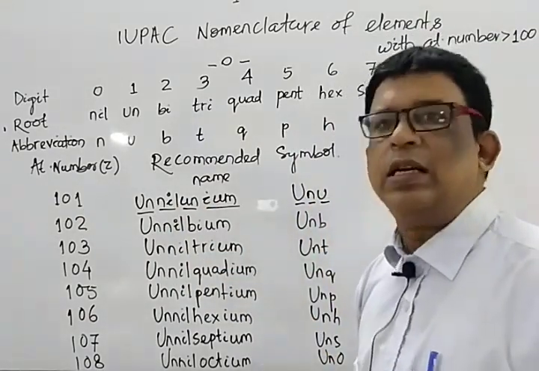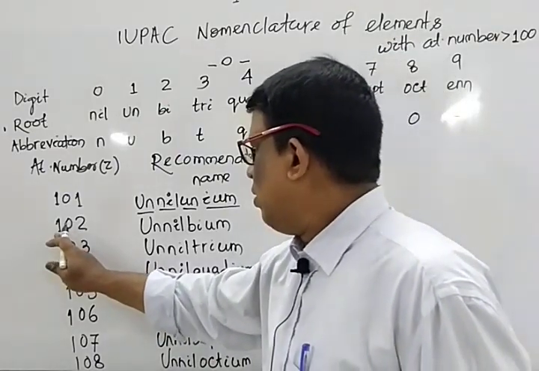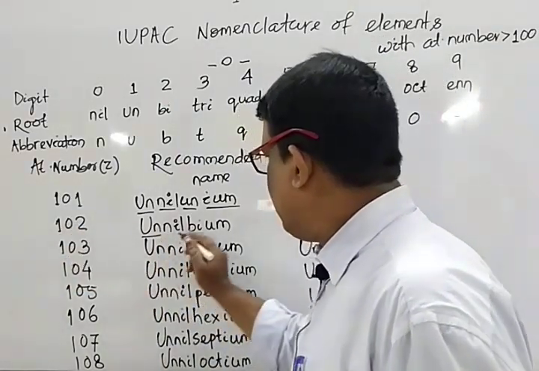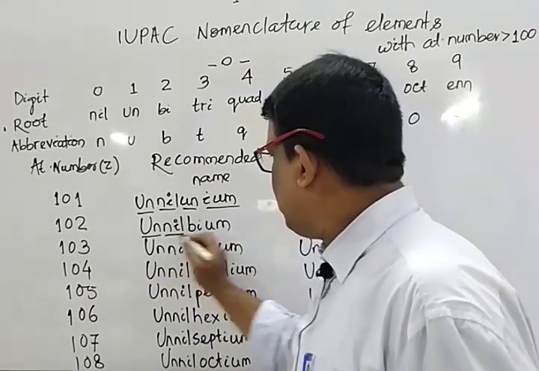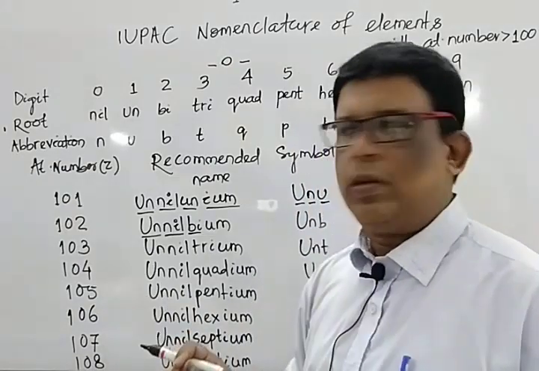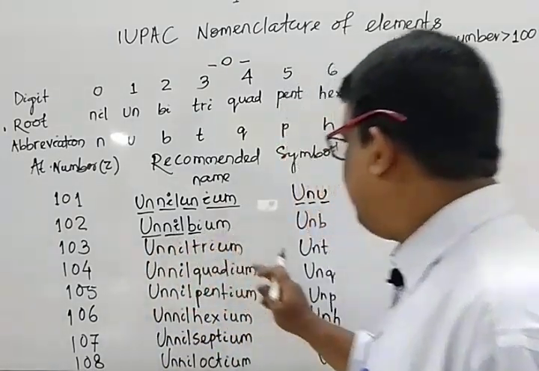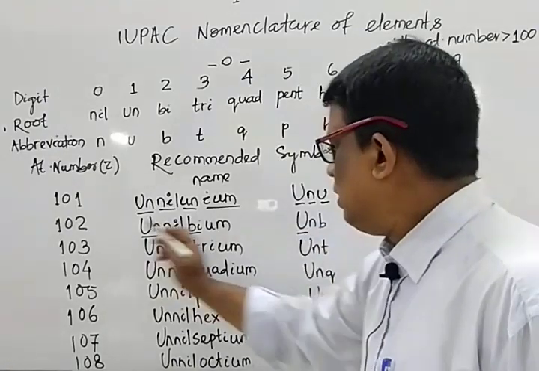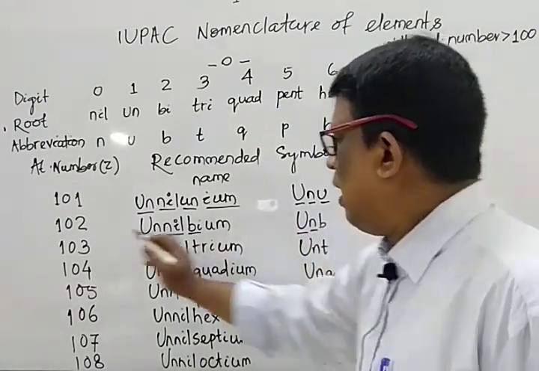UNU. Similarly, for 102, for 1 it is un, for 0 it is nil, for 2 it is bi. Add ium: unnilbium. So the symbol is U for 1, N for 0, and B for 2.